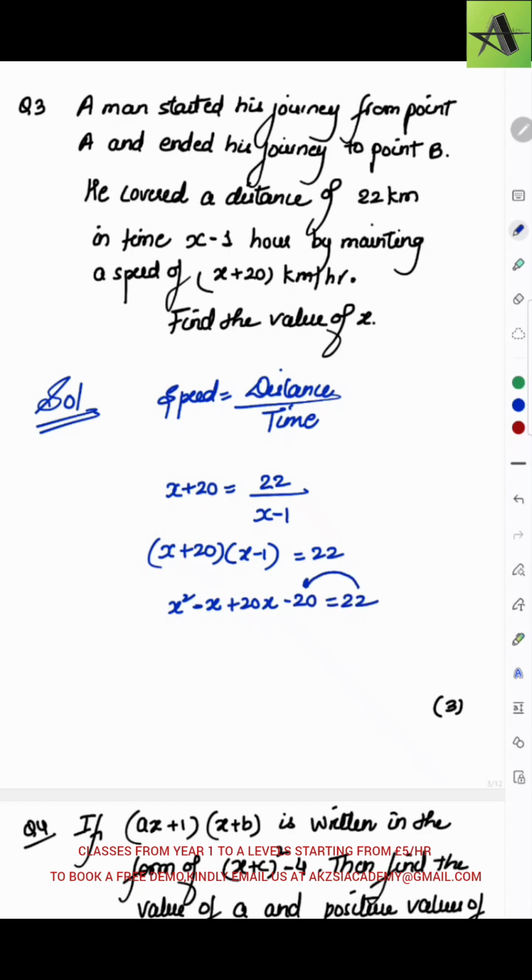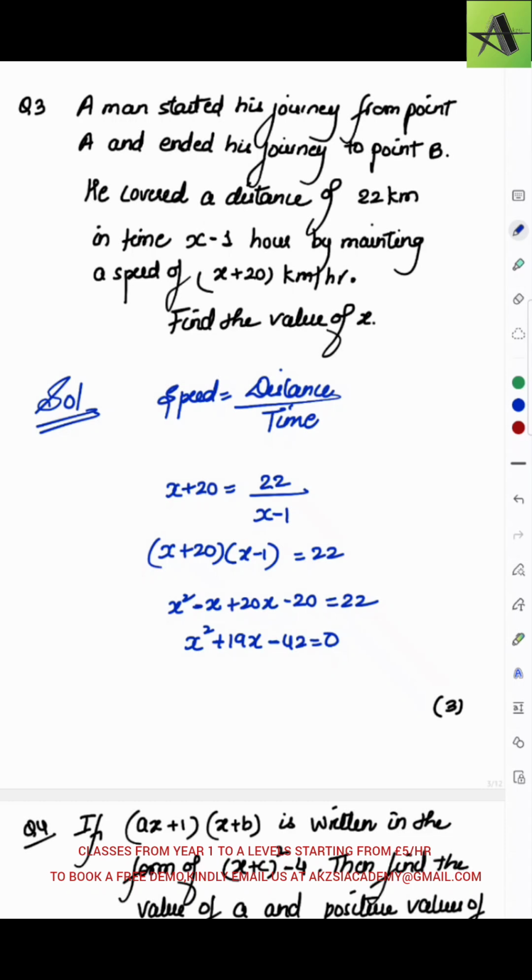Now you just need to transpose 22 onto the left hand side. You'll get x squared plus 19x minus 42 equals 0. We can solve it with any method. I think by factorization we can easily do it. Product is negative 42 and sum is 19.